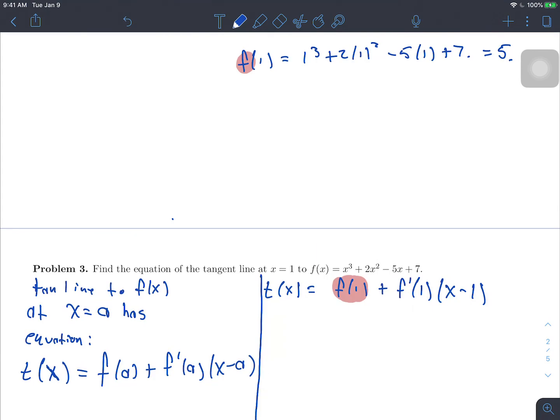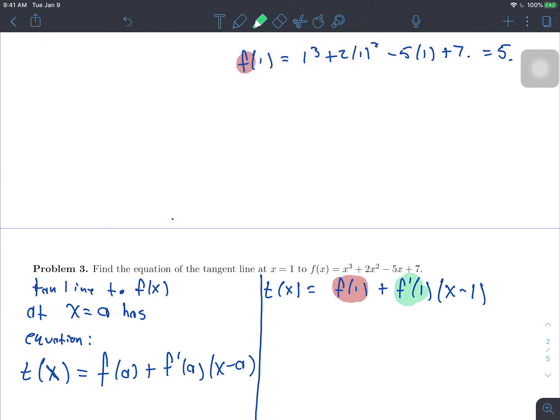All right. And now we need to figure out what f prime of 1 is. Okay. So I kind of wish that I could just plug 1 into some function, except I don't have the function yet, so I need to compute it.